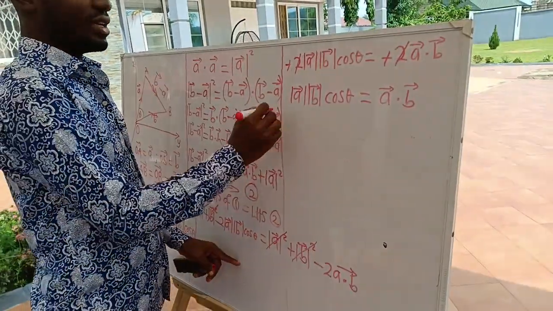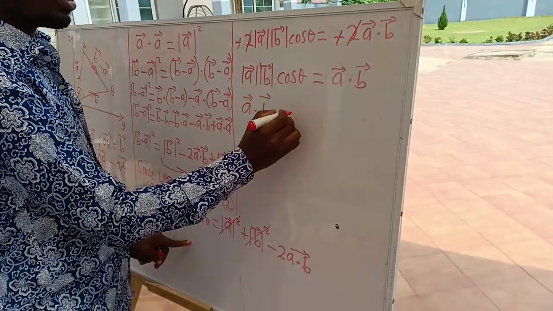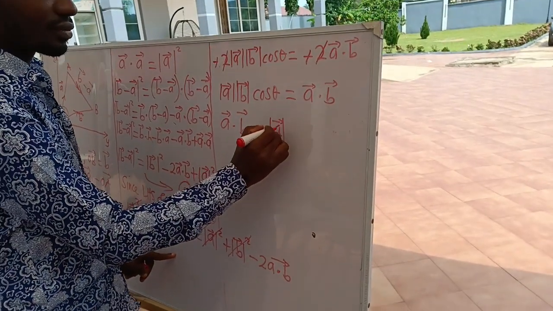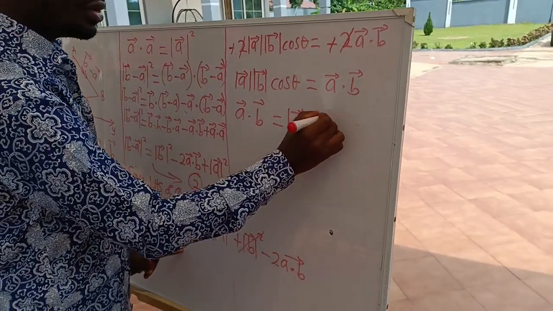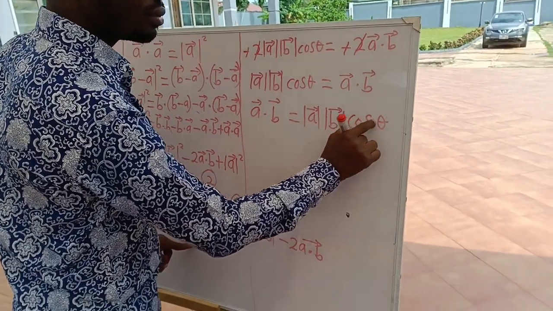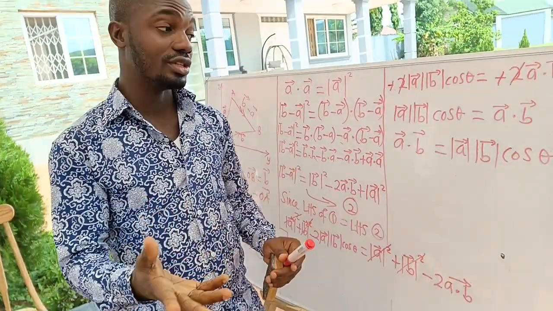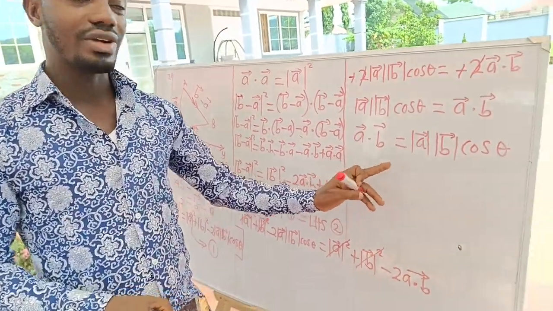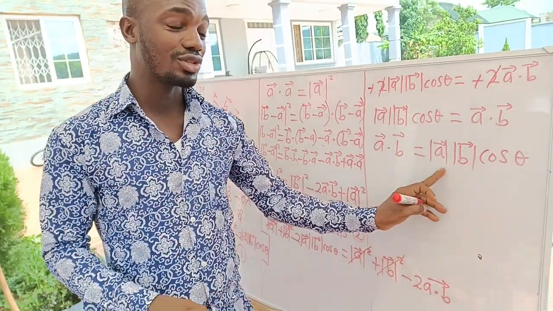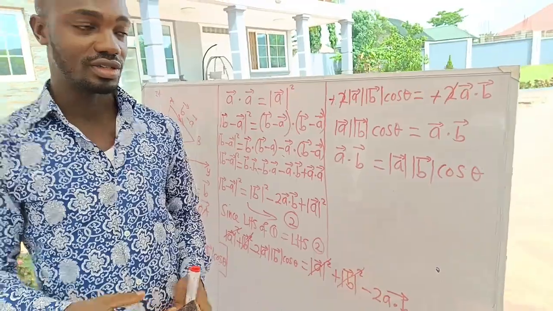So we can equally write a dot b equals the magnitude of a times the magnitude of b times the cosine of the angle between them. That means that if we have any two vectors and we know the angle between them, we can simply write the dot product as the product of their magnitudes and the cosine of the angle between the two vectors. Thank you.